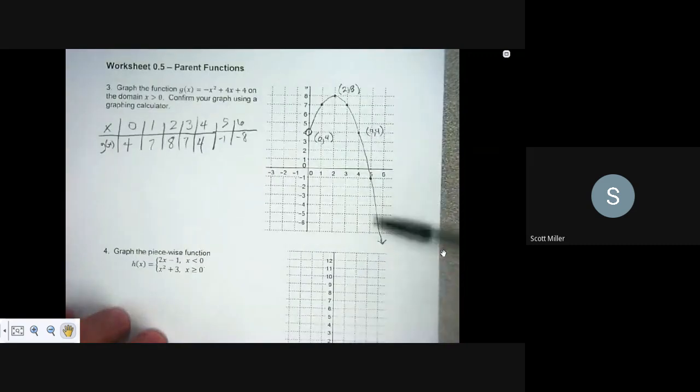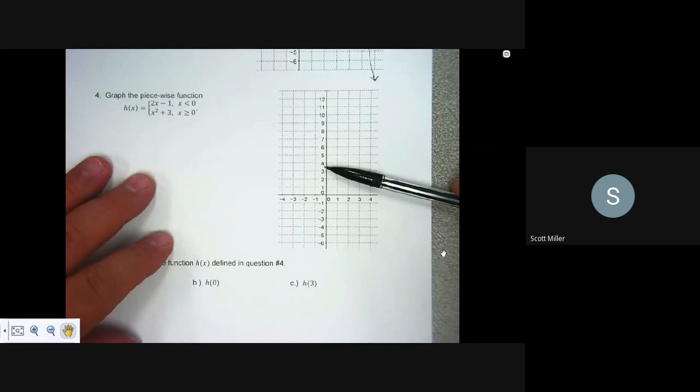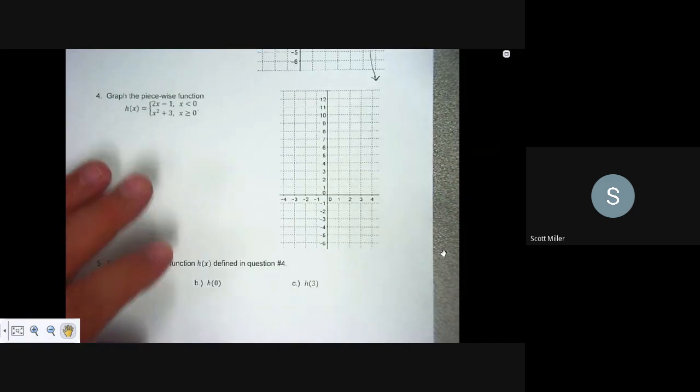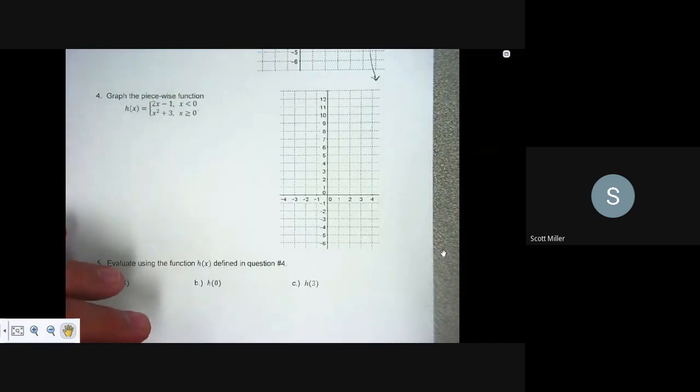See, this is just 1 piece. Over here, we're going to have 2 pieces. Remember, they are functions, so they cannot overlap. When you graph piecewise functions, the graphs do not overlap because they're functions.